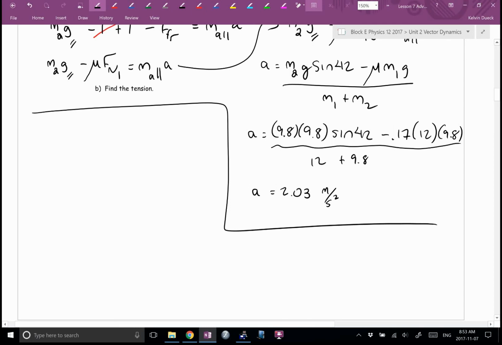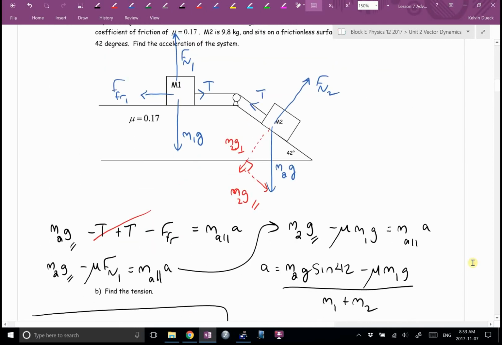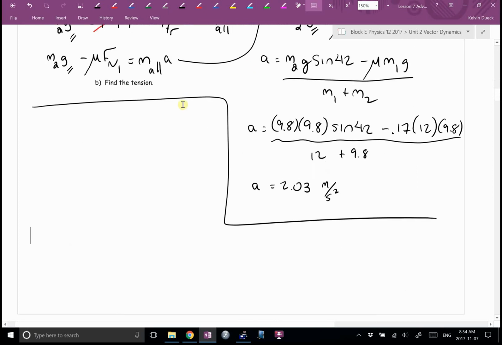How can I find tension? Here, really, both of these masses are kind of uglyish. I would probably use mass 1 to find tension. So let's write an equation for mass 1. Who's winning for mass 1? Tension. Who's losing?